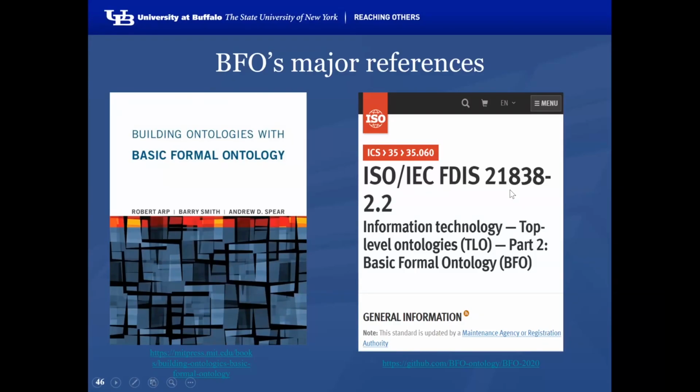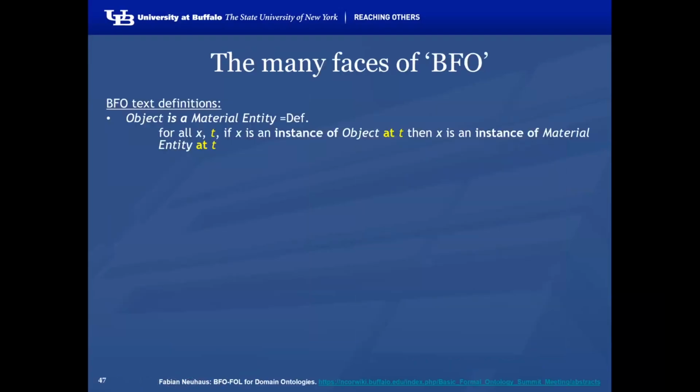BFO became an ISO standard a couple of years ago. And here you find the reference to that standard. Be aware. BFO has many phases, okay? So you have the textual definitions, like an object is a material entity, okay? With a definition, you will find that somewhere for all x, t, etc., okay? Actually stating that everything which is an object at a time is at that time a material entity.